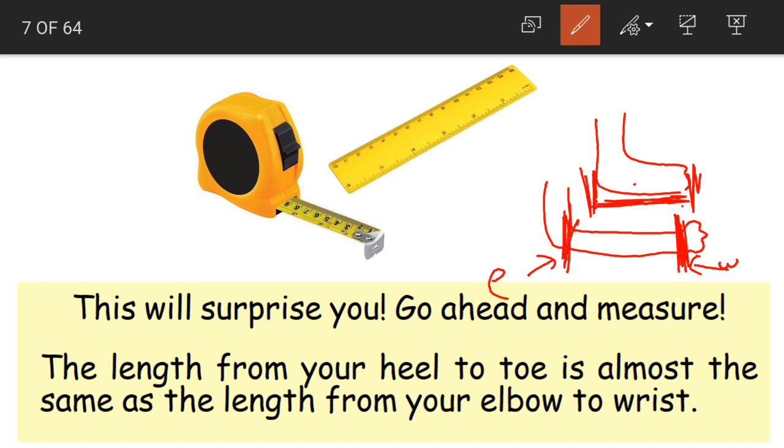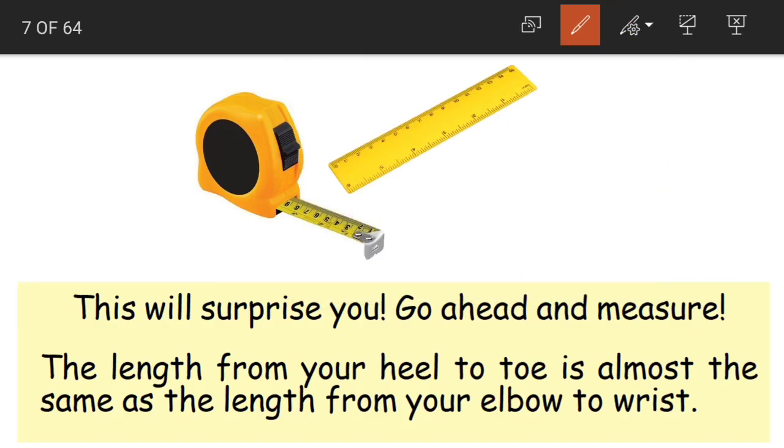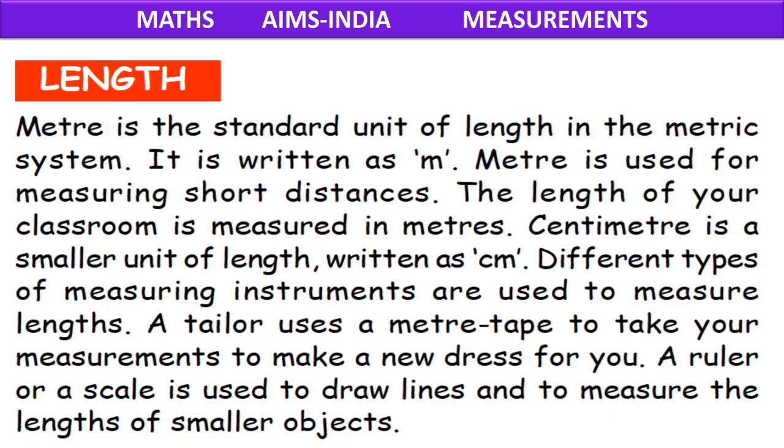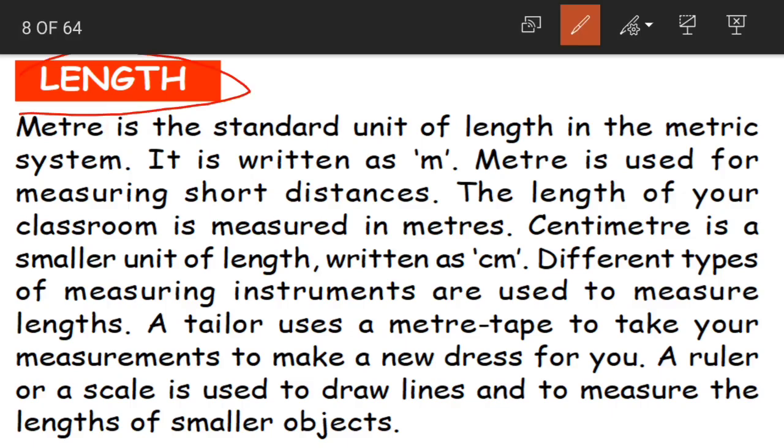If you want, you can pause the video here and check. The length of both is almost the same. What length? The length from our heel to toe is almost the same as our length from elbow to wrist. Now what does this length mean? Meter is the standard unit of length in the metric system.